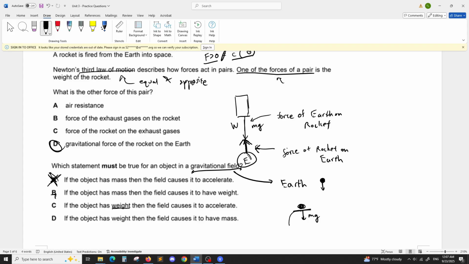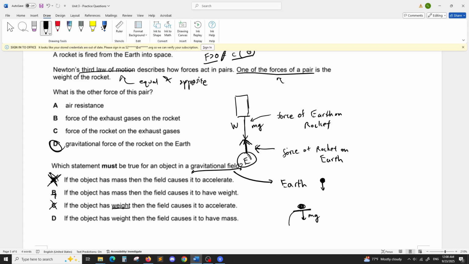I'm unsure how this makes sense. If it already has weight, then it should already be accelerating. This statement seems to imply that we start from 0 acceleration, which is not true at all. And then D: if the object has weight, then the field causes it to have mass.